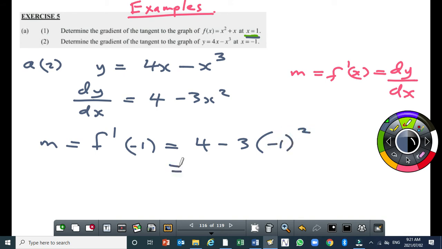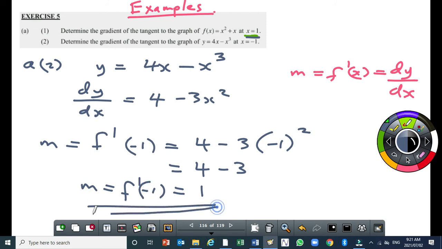And that will give me 4 minus 3. So the answer will be 1. Which means my m, or my first derivative, is going to be a 1 at x equal to minus 1. The gradient is going to be a positive 1. Are you following? Yes.